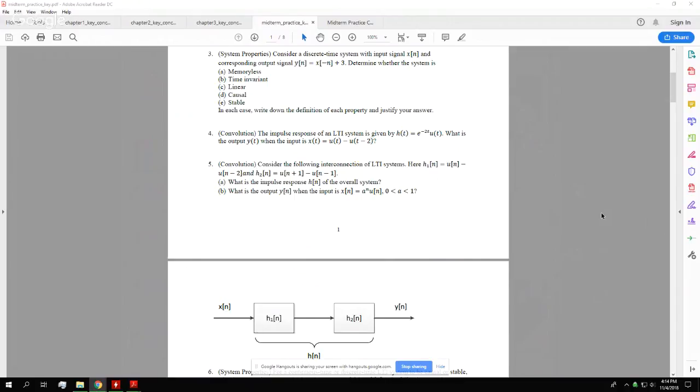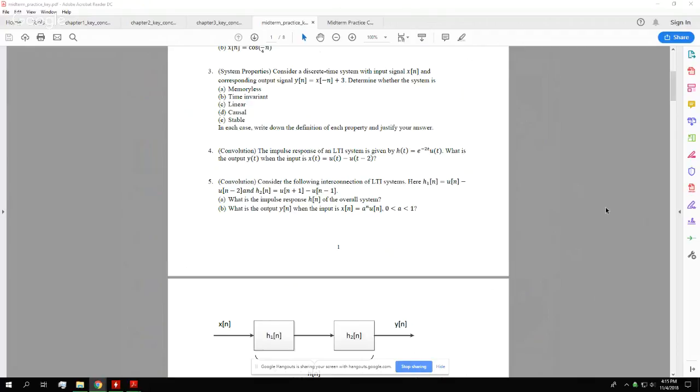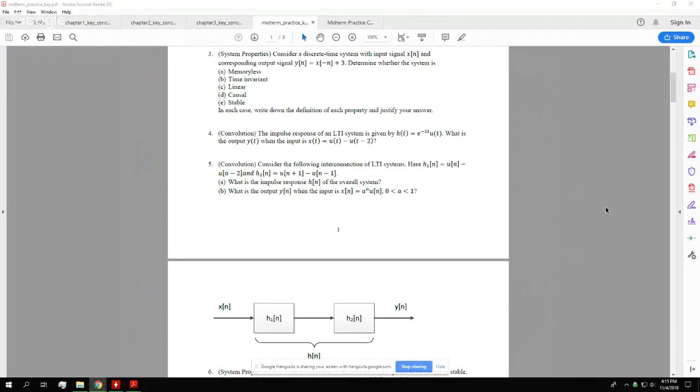So I'm still presenting Woody. Let me change it over to me. Nope. Stop presenting. I'm having technical difficulties.